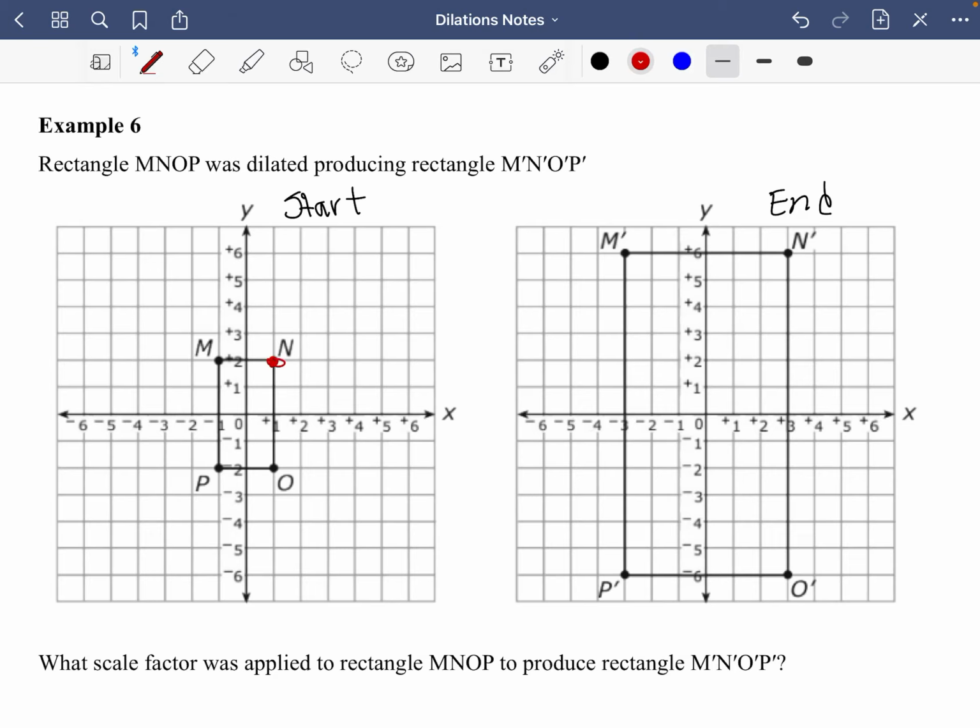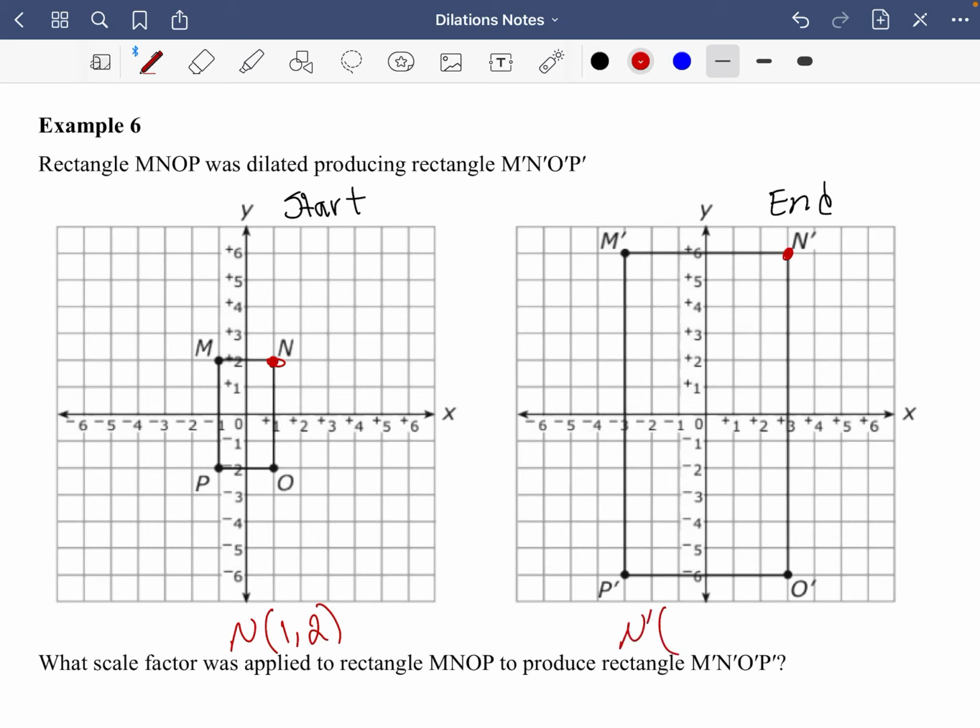So, every point is going to be multiplied by that scale factor. So that means we don't have to do all points. We just got to find one and then figure out what happened to it. So if I find out what N is at 1, 2, then I got to go to my end and find the point for N prime.